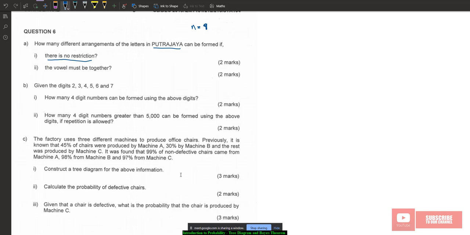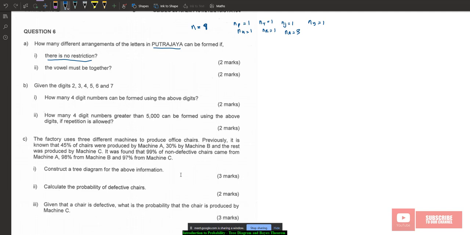P we have 1, and U, you have 1, and T also 1, and R you have 1, and J also 1, and A you have 3, and Y equal to 1. So the only repeated object is A.